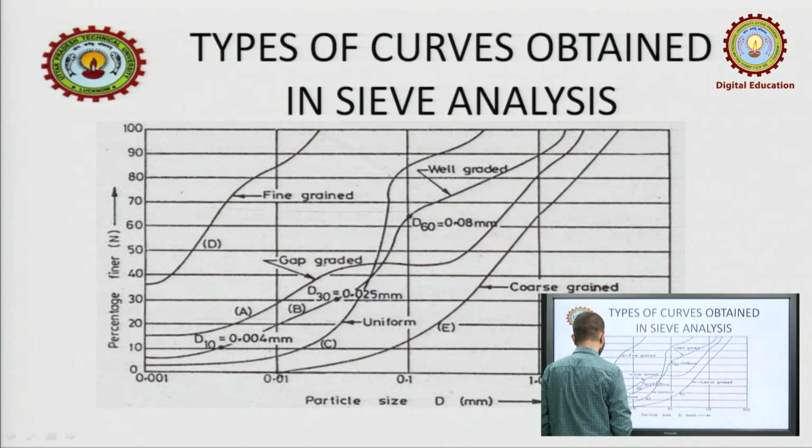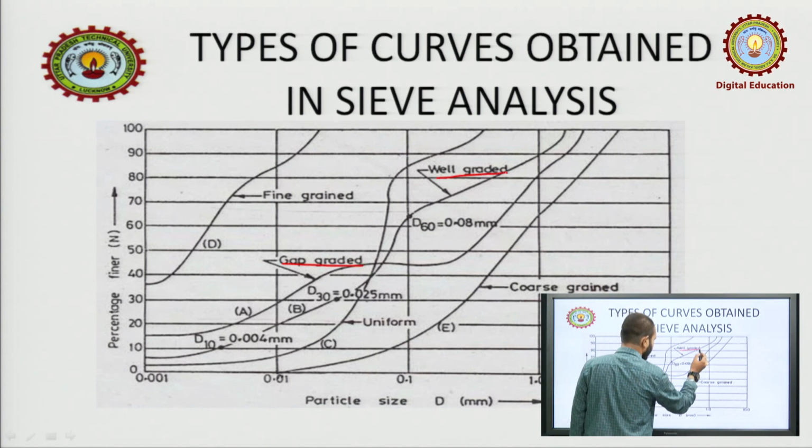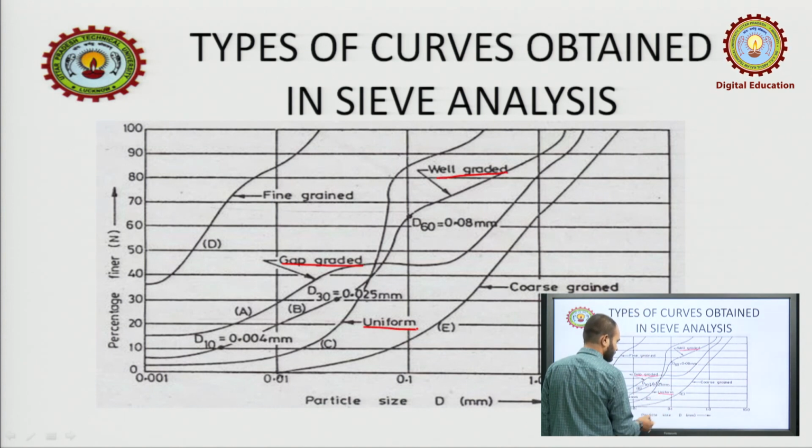Now you can see there are a number of lines made here. This is written as gap graded, this is well graded, and this is uniform.